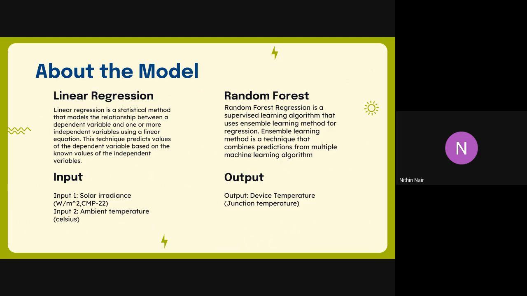And so linear regression is being used for the baseline model. To measure the accuracy of the model, we have used metrics such as the mean squared error, the R square, and explained variance score. For the baseline model, we have got an R square which is accurate at about 94%.